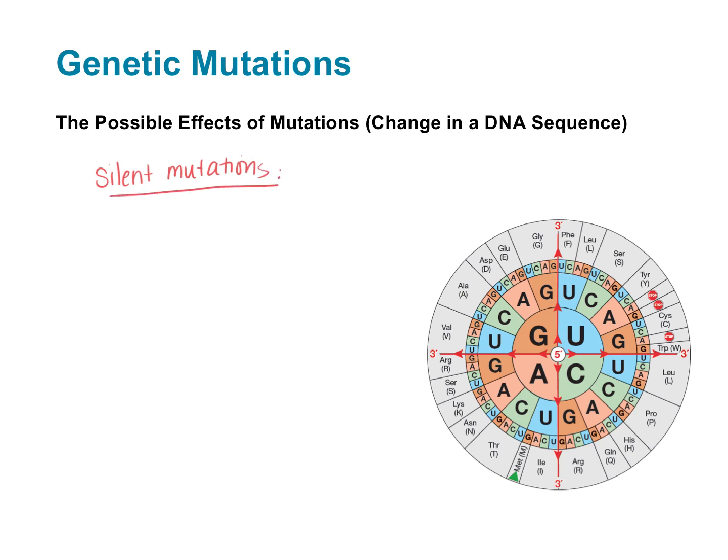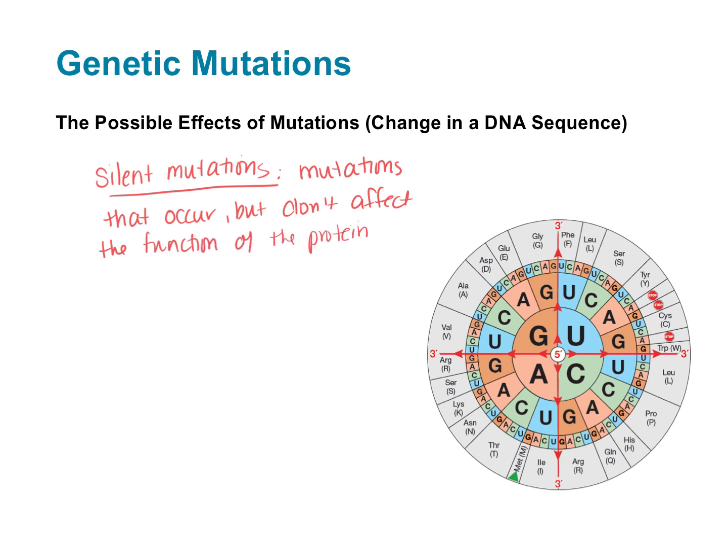And when we talk about silent mutations, these are mutations that occur but don't affect the function of the protein. So when we talk about this, one of the things that we may see is no change in the protein sequence at all.